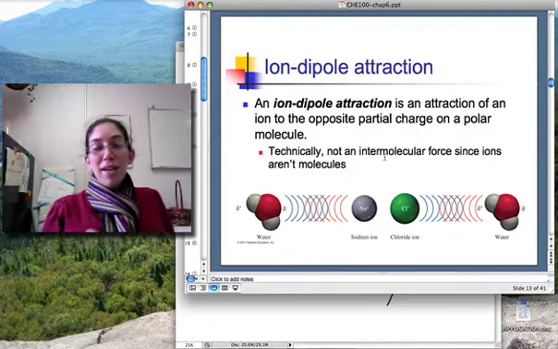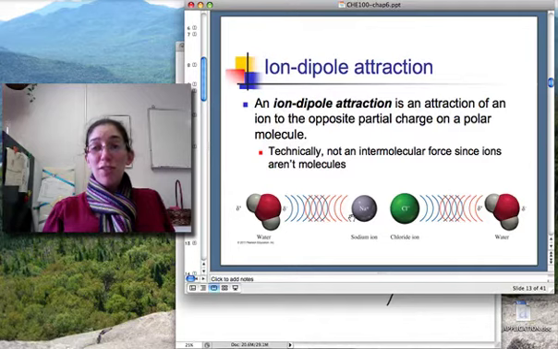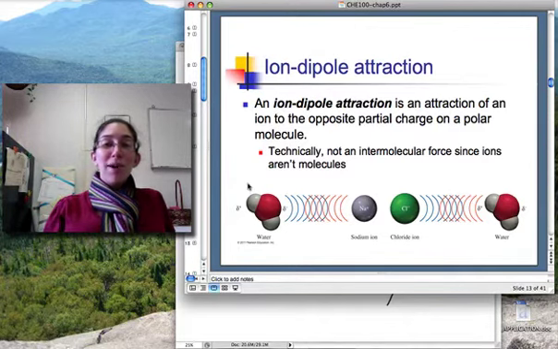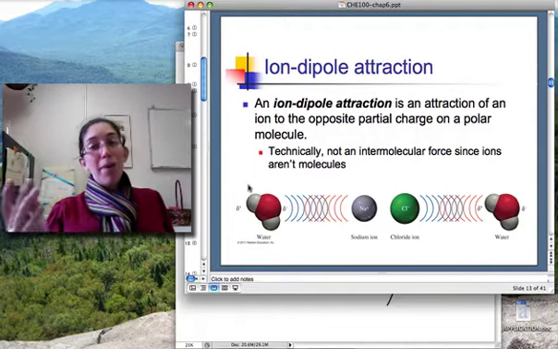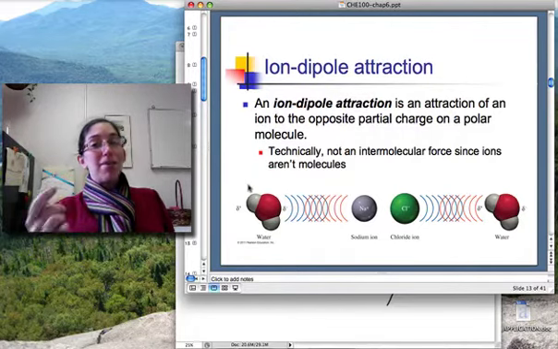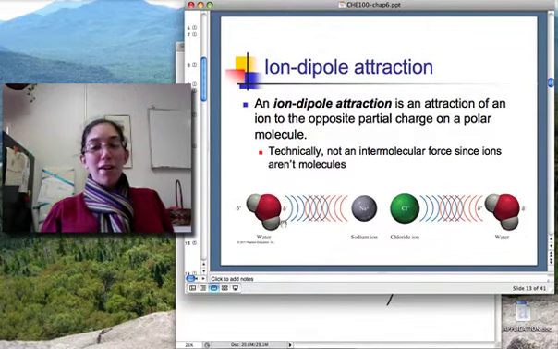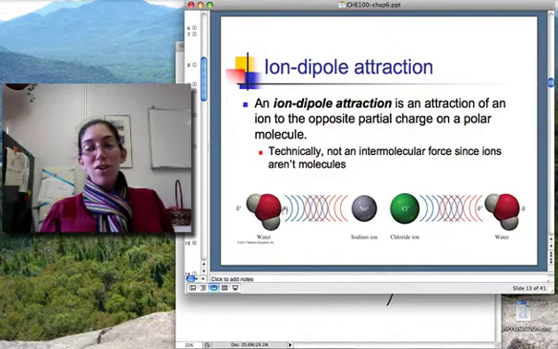So an ion-dipole attraction is when you have an ion that has a legitimate full charge, attracted to a molecule that has a dipole, a partial charge that's opposite. For example, water, which has a negative dipole at the oxygen and positive dipoles at the hydrogens, is attracted to, for instance, a sodium ion, which is positively charged, so it's attracted to the negatively charged oxygen.